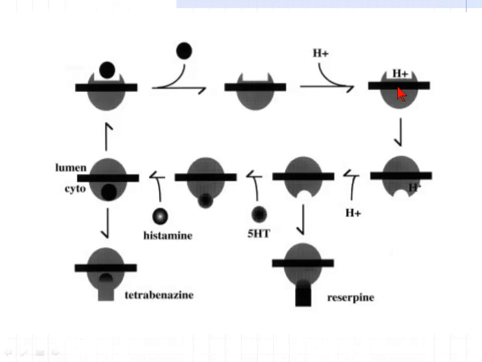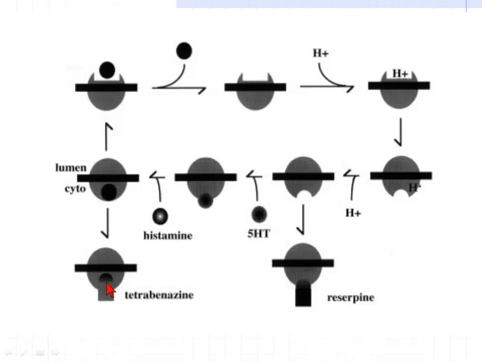The recycling, though, of the transporter back to the cytoplasmic side requires a hydrogen ion. So this is a pH-dependent cycling, and it's the hydrogen ion concentration across the vesicular membrane that drives the active transport of monoamines into the vesicle.